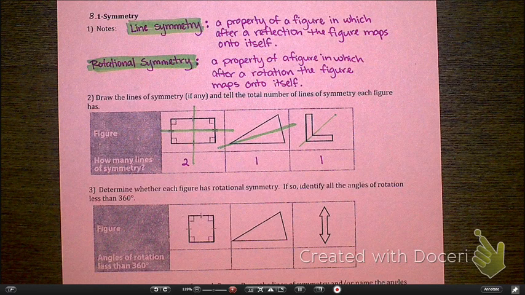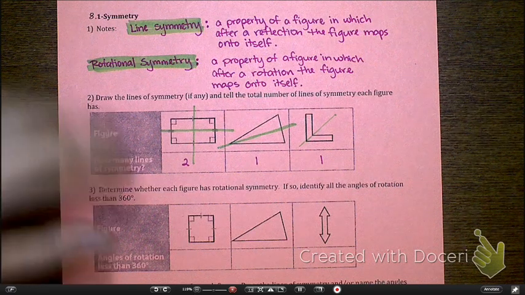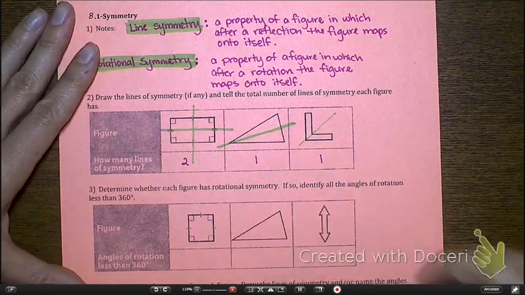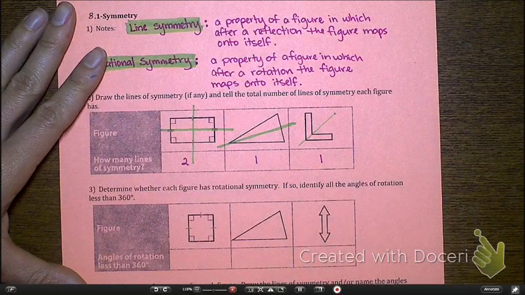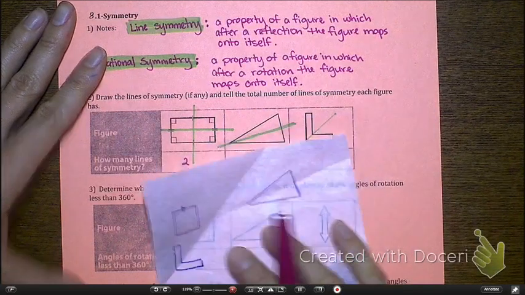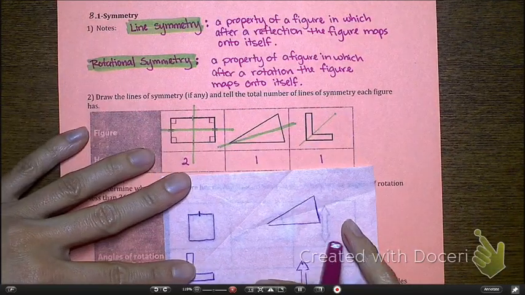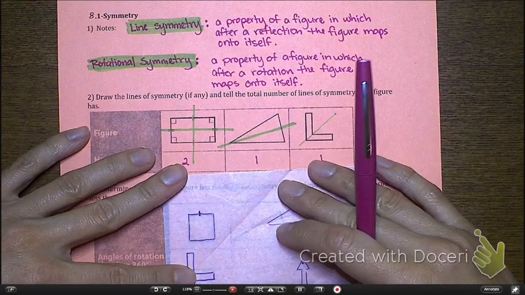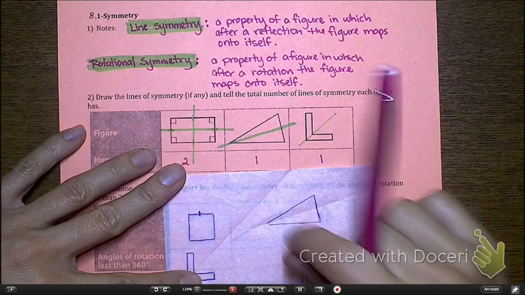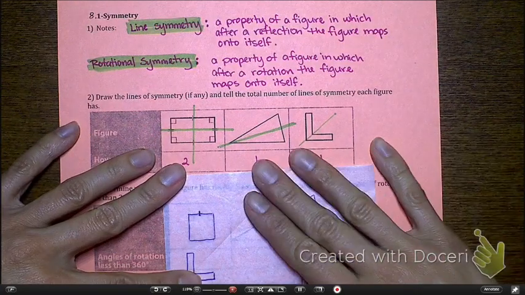Okay, so let's take a look at these figures down here and see if they have any rotational symmetry, okay? So I traced over this square. I put a little mark at the top just so that I would know when I'm rotating it when we're back to where we started, okay?